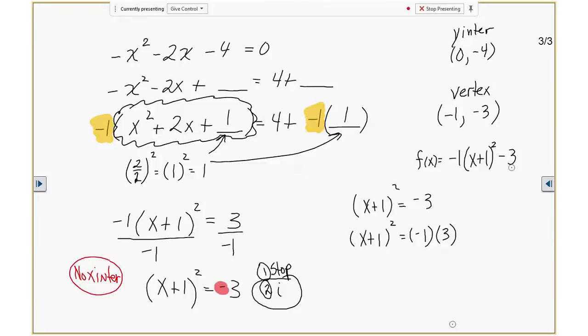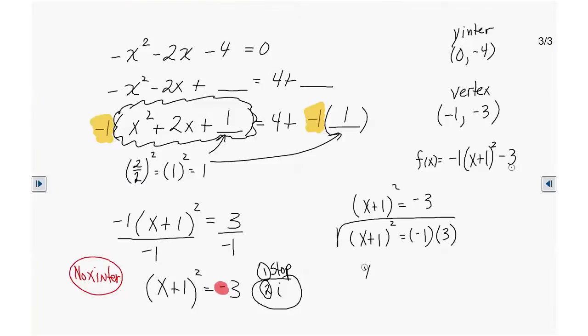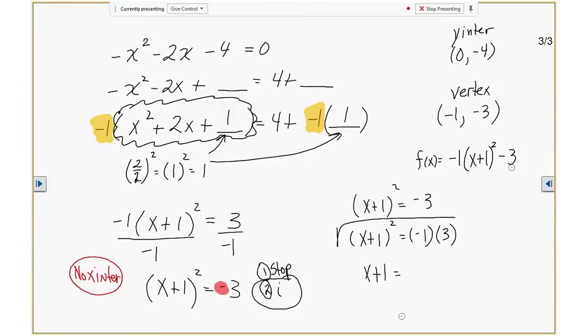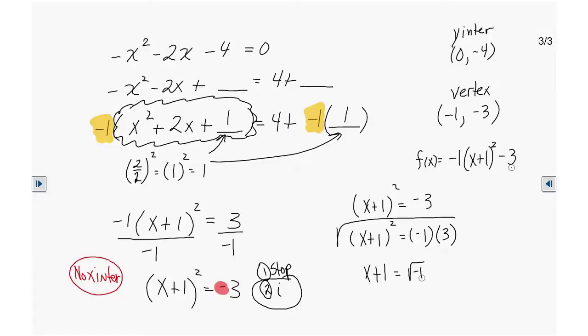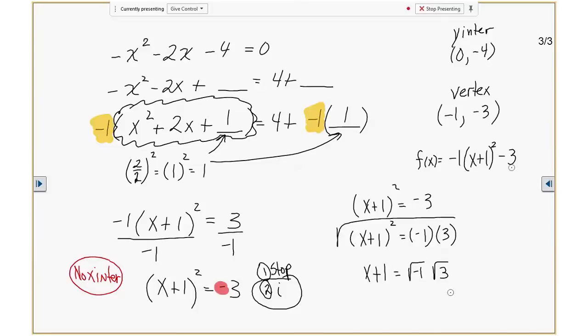And then take the square root of everything. x plus 1 is equal to square root of negative 1 times square root of 3.